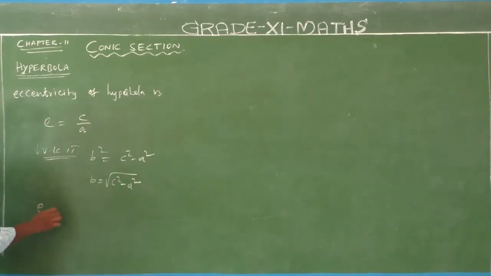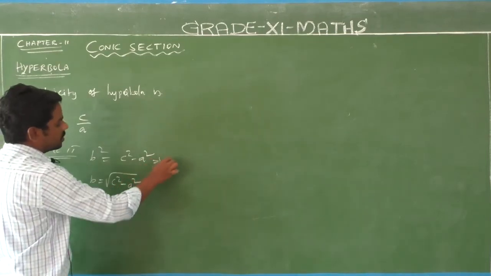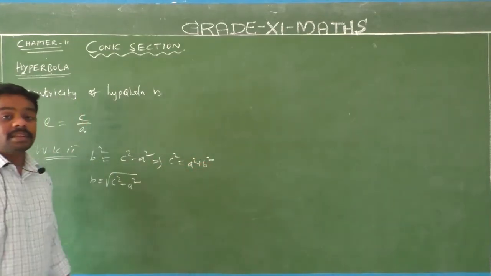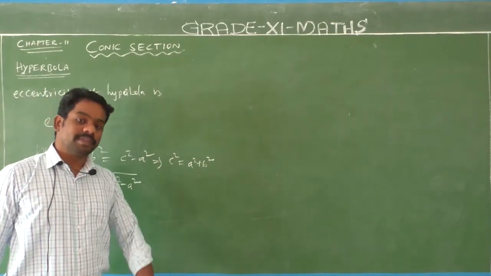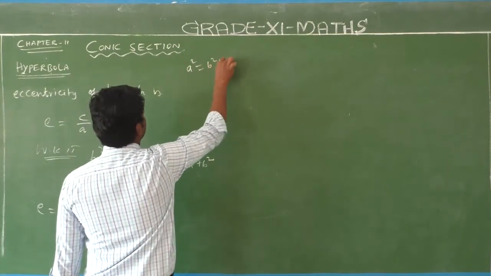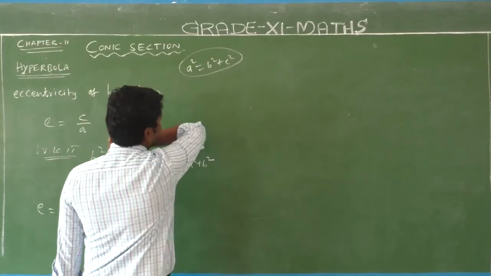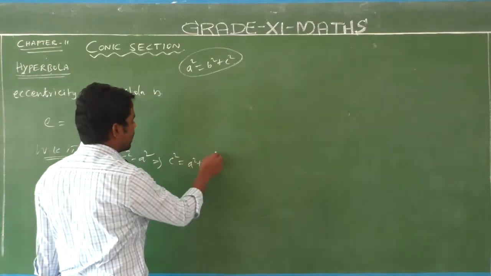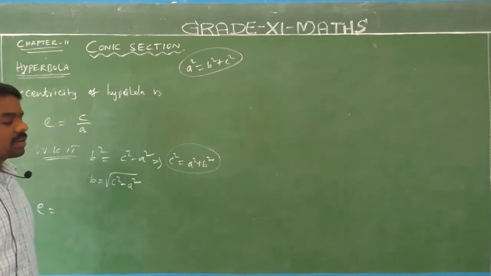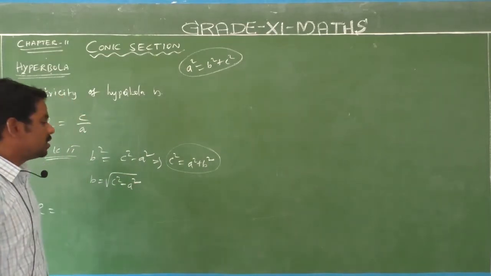So e is equal to c divided by a. Substitute the c value, which implies c squared is equal to a squared plus b squared. But for an ellipse we have a squared equal to b squared plus c squared. Okay, but here for the hyperbola, c squared is equal to a squared plus b squared.